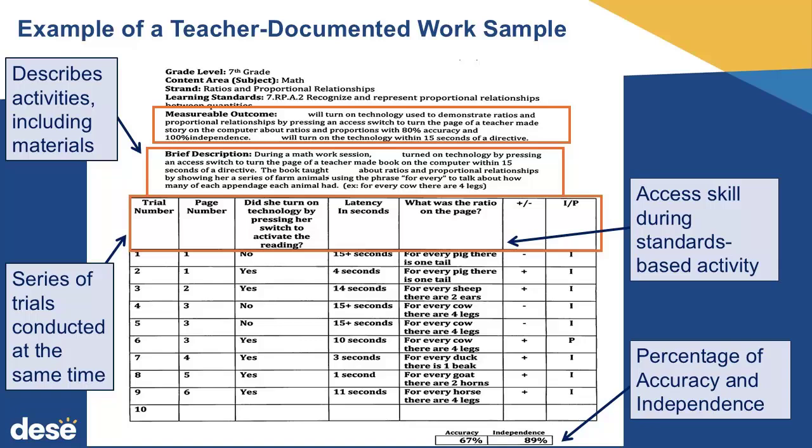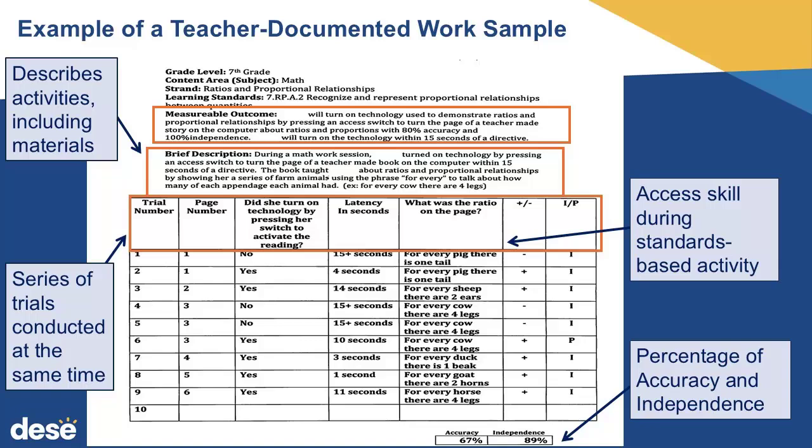This teacher created their own form, and you can copy that form if you like it. But you can see that the measurable outcome is there. And this is for a student who isn't going to produce work. They're going to turn on technology to demonstrate ratio and proportional relationships, and they're going to press an access switch to turn the page about ratio and proportional relationships.